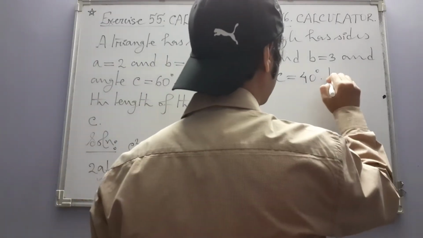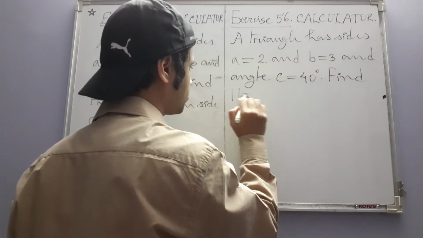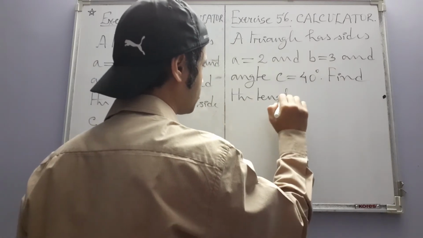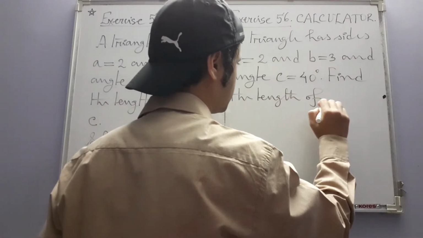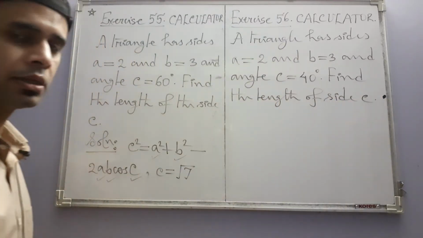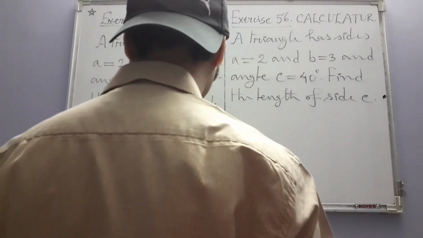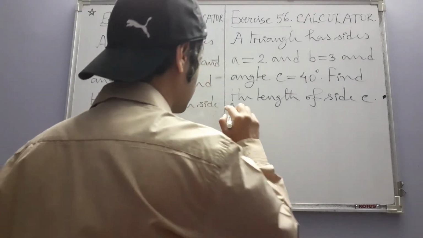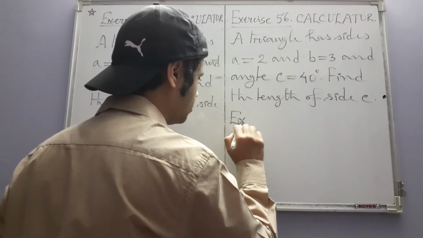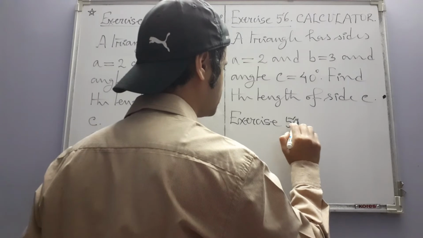Find the length again of side c, which you can do similarly. Okay, so I am not going to say anything more about this. And now next let us see 57.